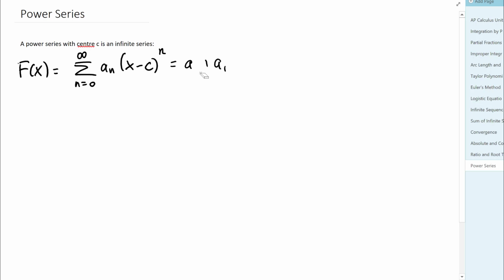So you get a sub 0, and then a sub 1 times (x minus c) to the power of 1, plus a sub 2 times (x minus c) squared, and this would just continue. And x is a variable.